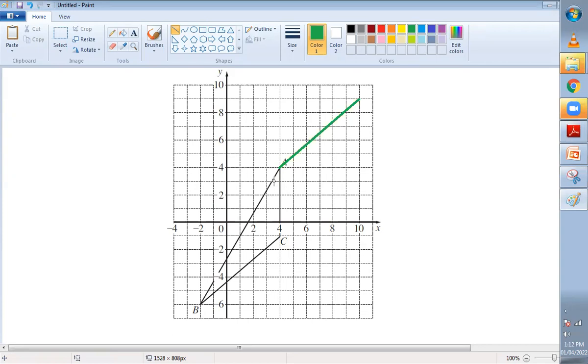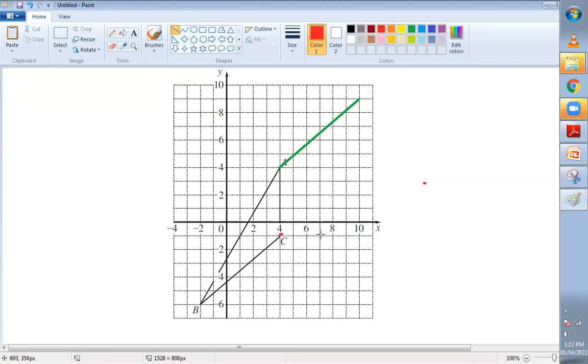Okay, and look here: 1, 2, 3, 4, 5, 6. And how much is the rise? 1, 2, 3, 4, 5, 6, 7, 8, 9, 10. Let me draw that line, which will be parallel to the AB, 6 and 10. I'm not sure.